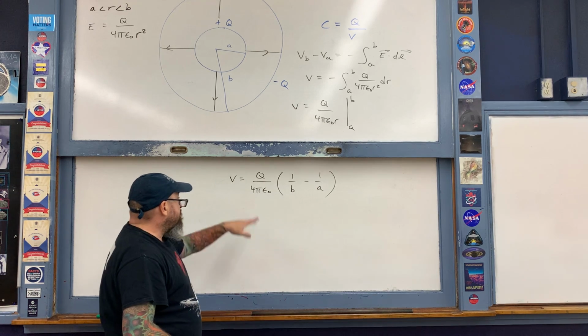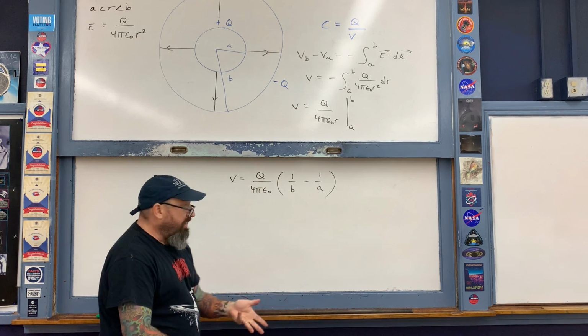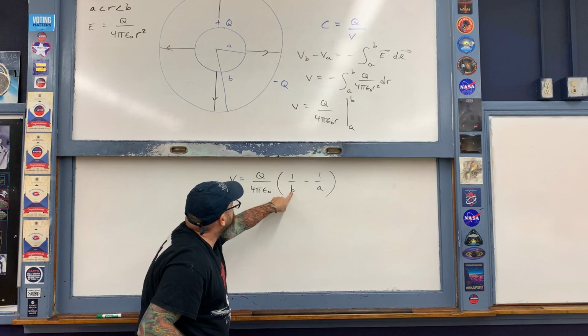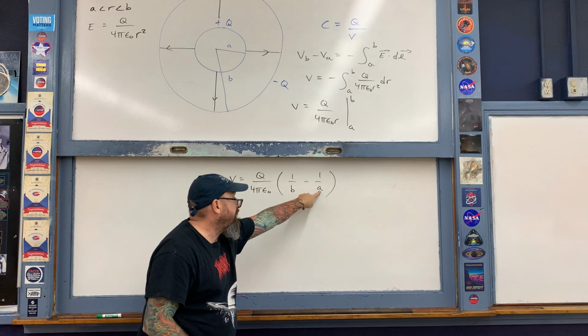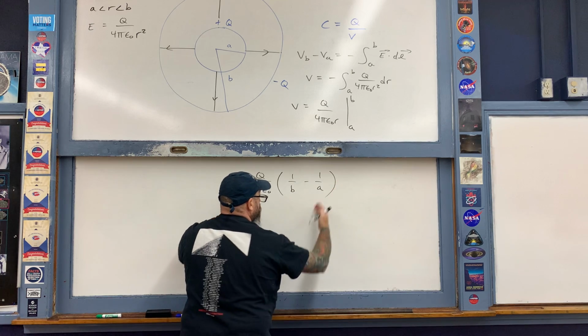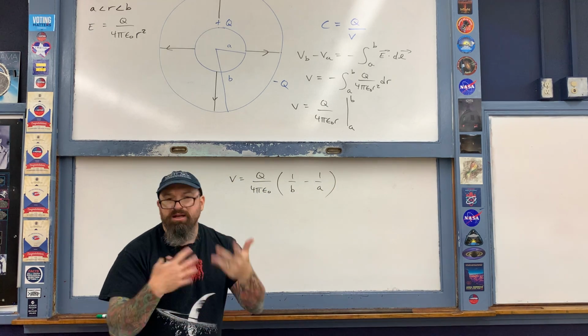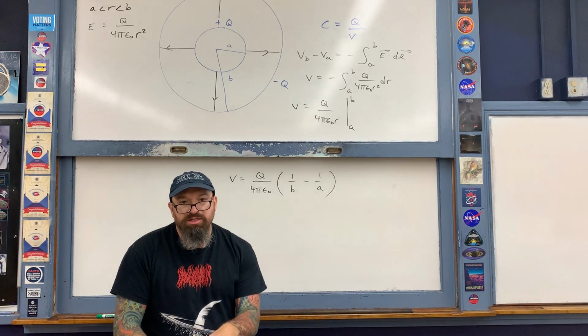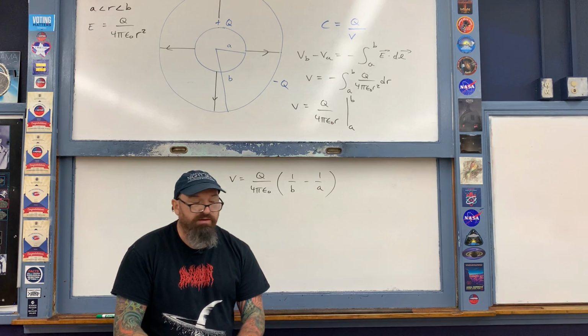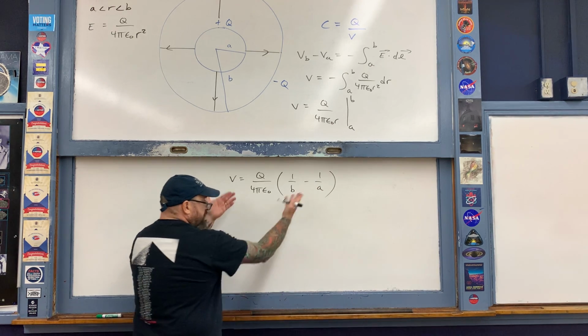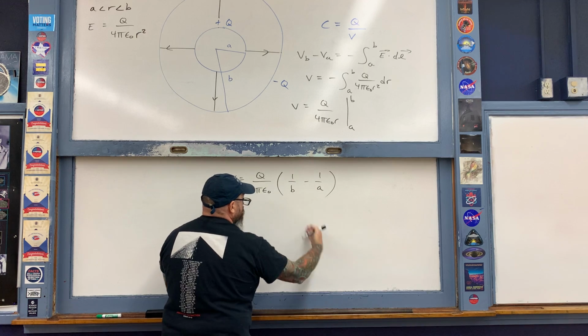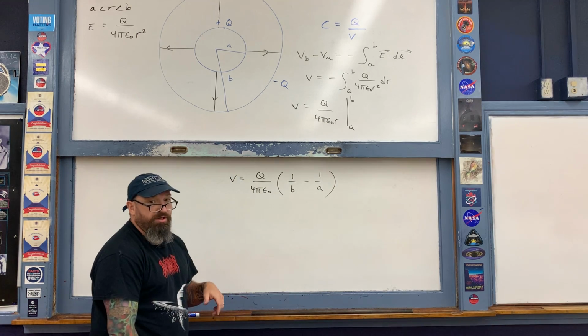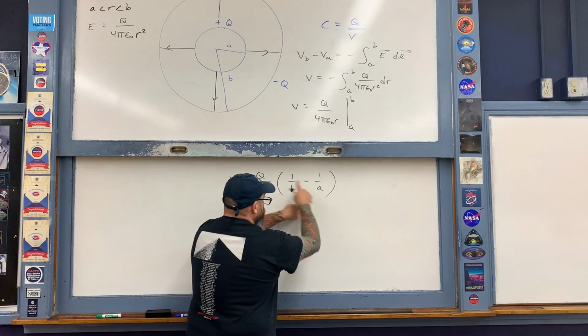Okay, now is this a negative number or is it a positive number? Well, B on the diagram above is a number that is greater than A, so overall this is a negative number. The negative sign, however, doesn't matter because we're just interested in the potential difference itself. So we could write it as we did here as 1 over B minus 1 over A, and we would just take the absolute value of it. Or if you wish, you could just take the two terms and reverse them.